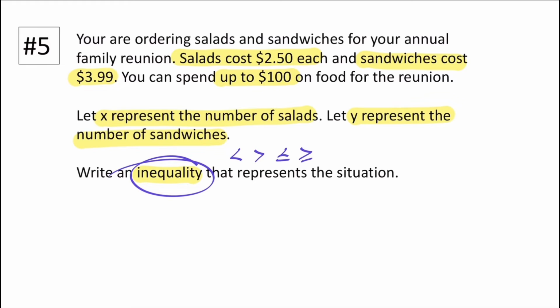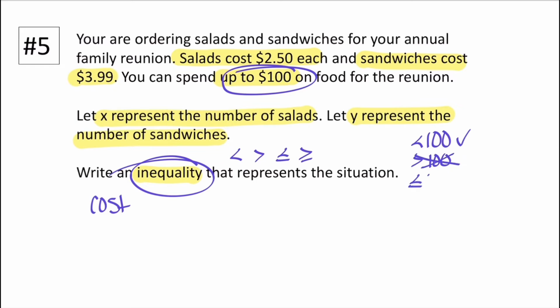One thing we can do in this problem is figure out what we're talking about. We're talking about the total cost, right? And then it tells us you can spend up to $100. Let's think about what's going on when you have $100 to spend. You can spend less than $100, that is allowed. You cannot spend more than $100, because $100 is all you have.